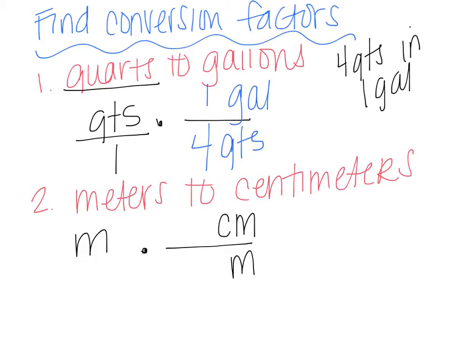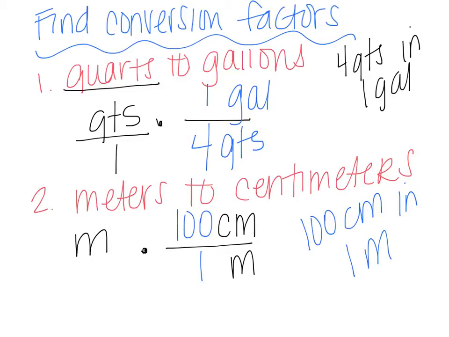Now, using that chart again that I gave you in class, see if you can find where centimeters equals meters or meters equals centimeters. What you should have found is that there are 100 centimeters in 1 meter. So now all we need to do is fill in our numbers.